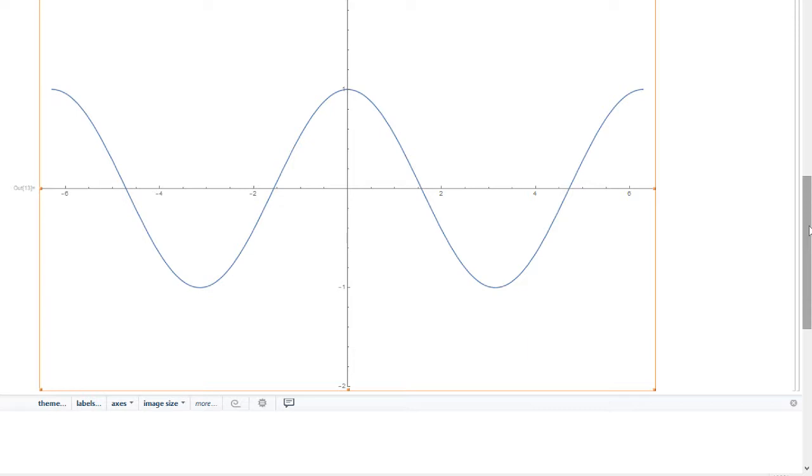When you take a look at this, notice if I start from 0, if I go off to the right, it's the same as if I were to go off to the left in terms of the y values. Right? This is a special type of function since it's symmetric about the y-axis right there. We call that an even function. Okay, so what does that mean?